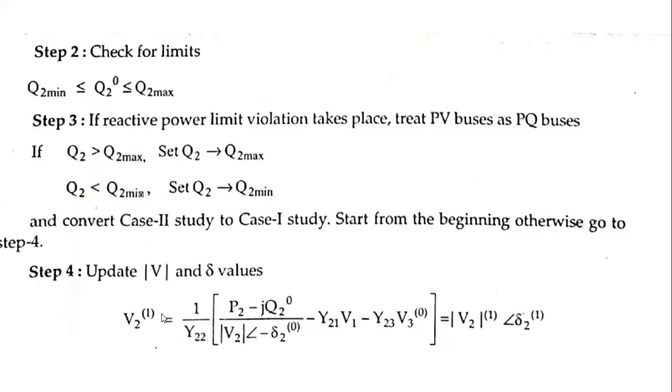V2 of 1 is equal to 1 by Y22 times (P2 minus jQ2 by V2 at an angle of minus delta 2, minus Y21 V1, minus Y23 V3). That is equal to V2 of 1 at an angle of delta 2 of 1. This is the step 2 value.